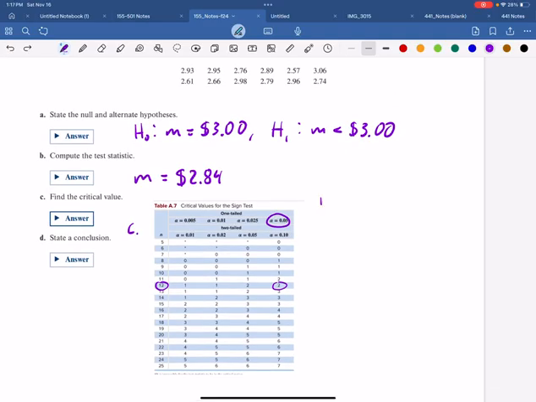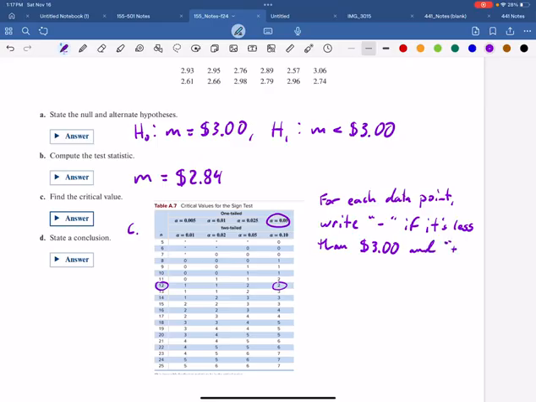So for each data point, write a minus sign if it's less than the hypothesized median, which in this case is $3, and a plus sign if it's more than $3.